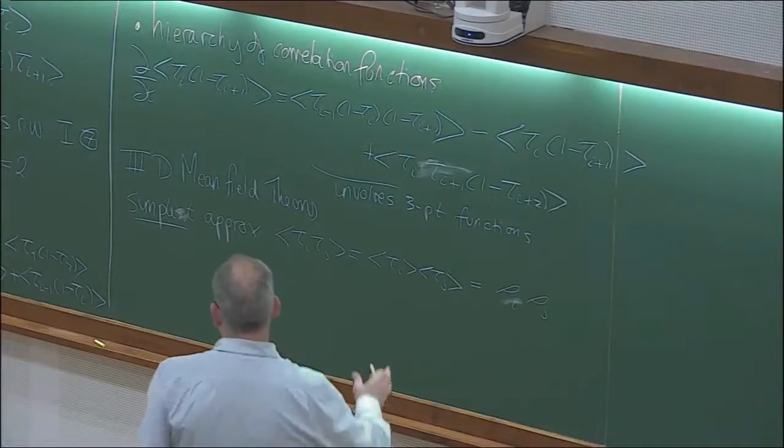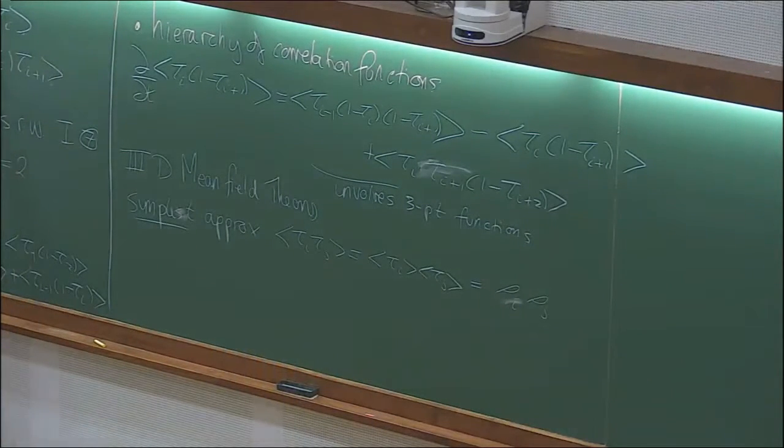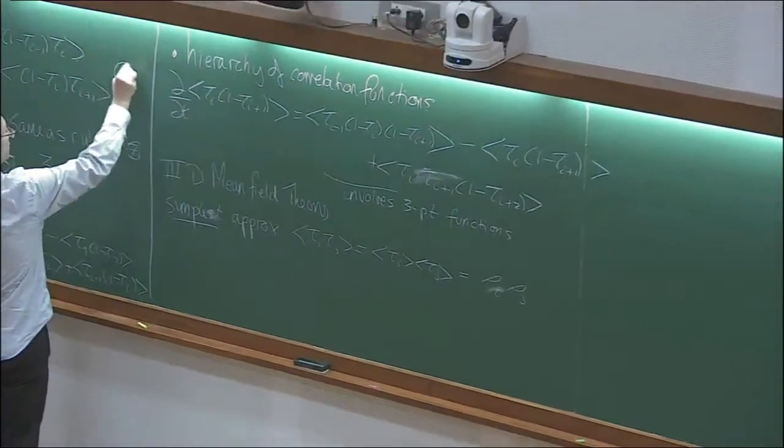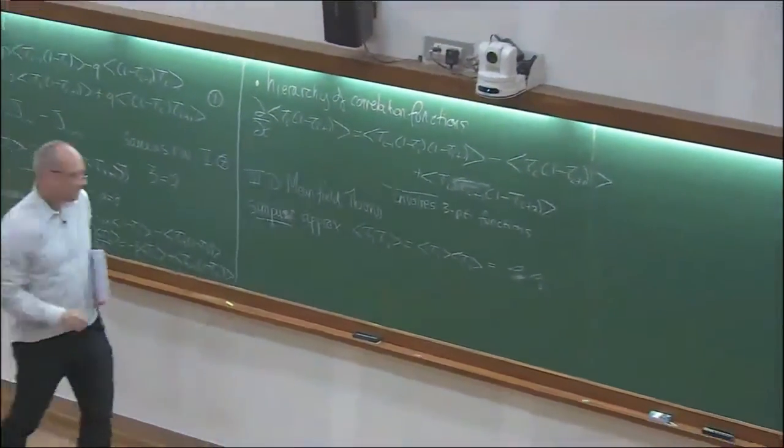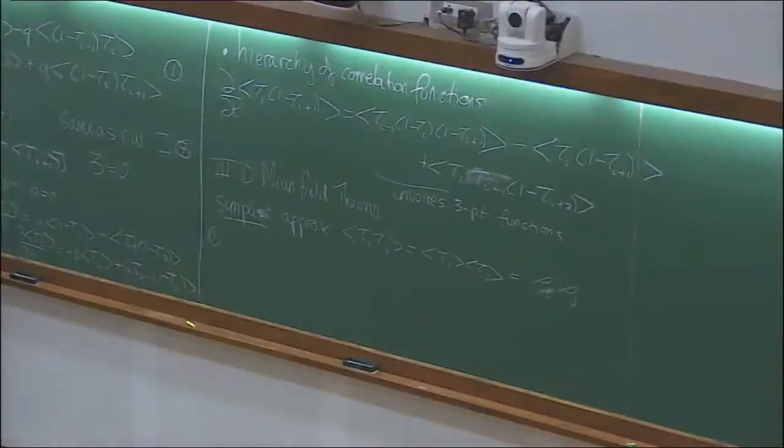So if I do this, then this equation here, let me call this equation 1. And remember, I'm in the case p equals 1, just to make life a bit simpler. So I just have these two terms here.